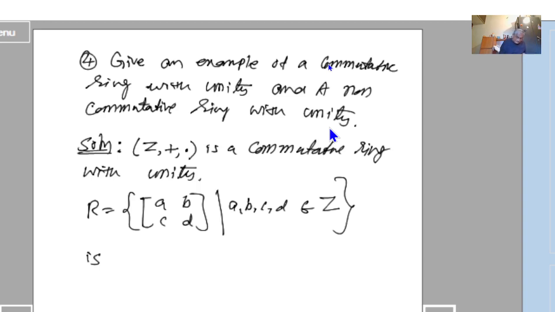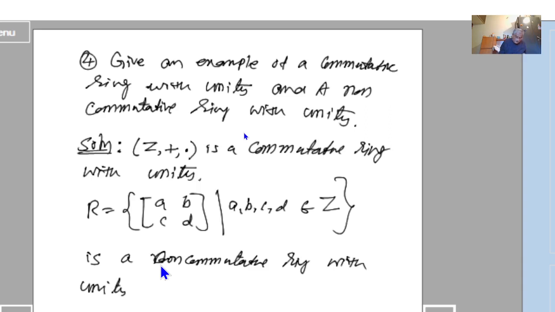And we know that this is a ring, a non-commutative ring, because in general matrix A into matrix B need not be equal to matrix B into matrix A. It is a non-commutative ring with unity, because here the unit matrix [1 0; 0 1] is there.